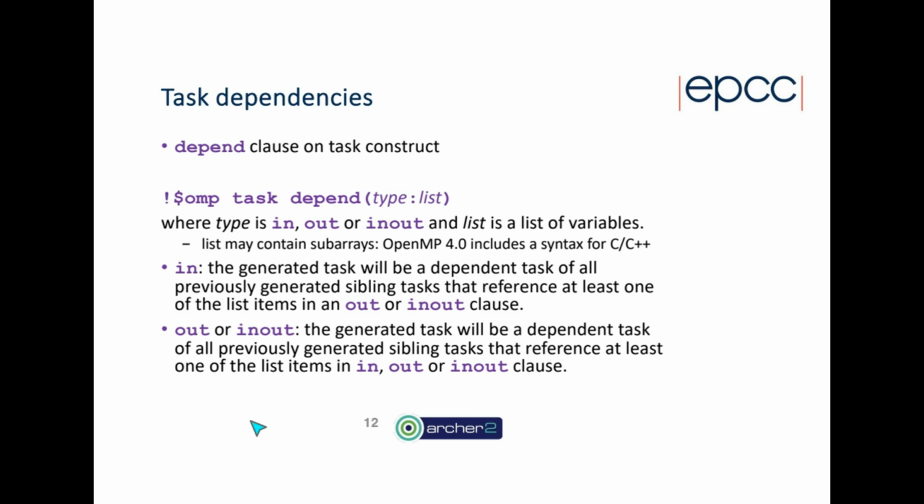You can specify both to make the intent of your program clear, but they actually have the same semantics. This says that the generated task will depend on all previously generated sibling tasks that reference at least one of the list items in any depend clause.